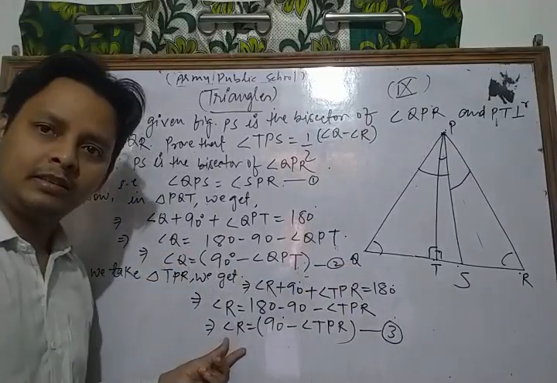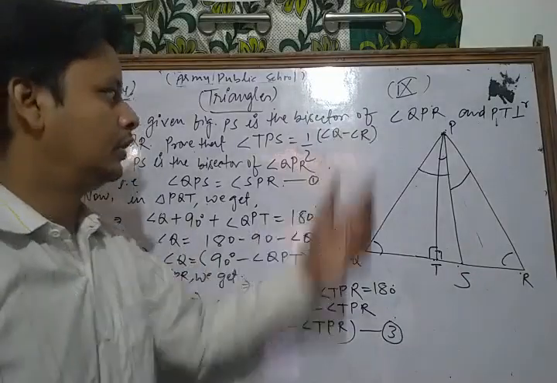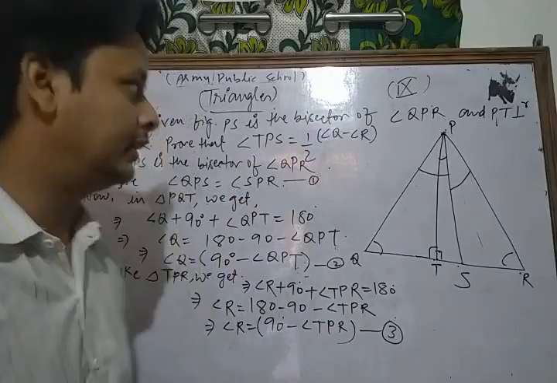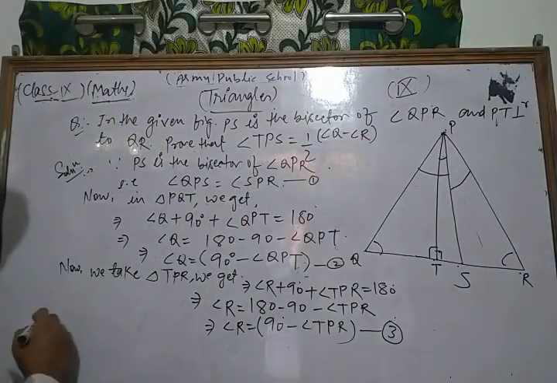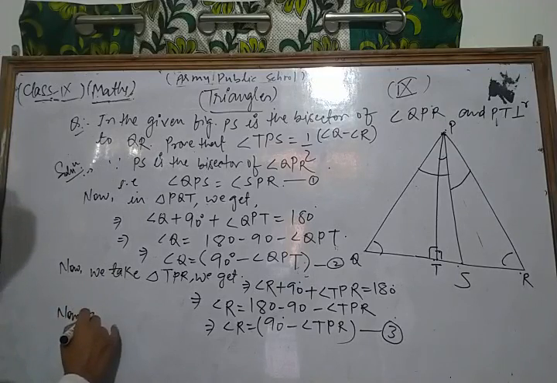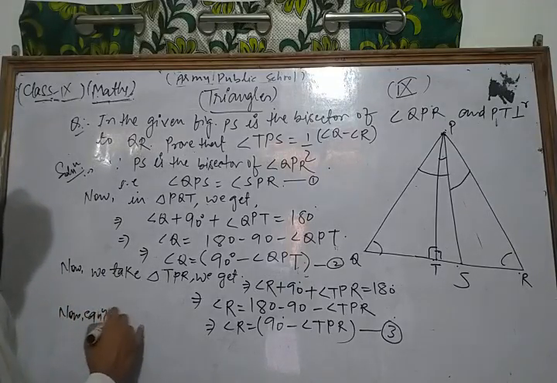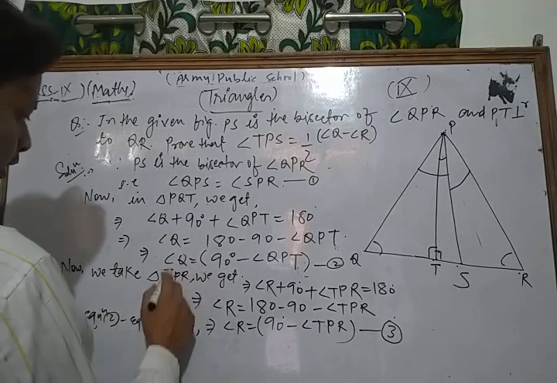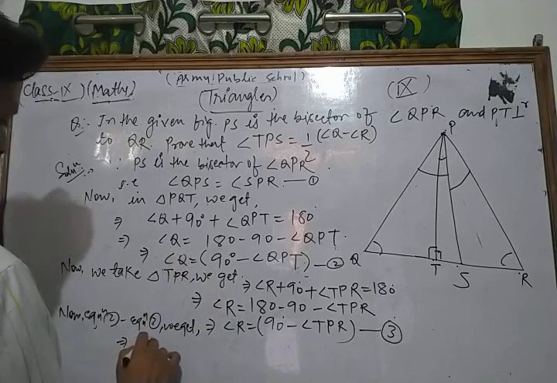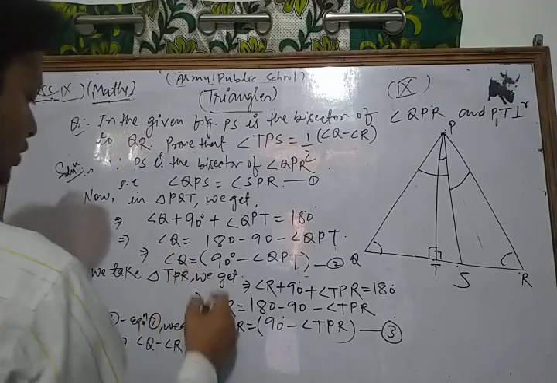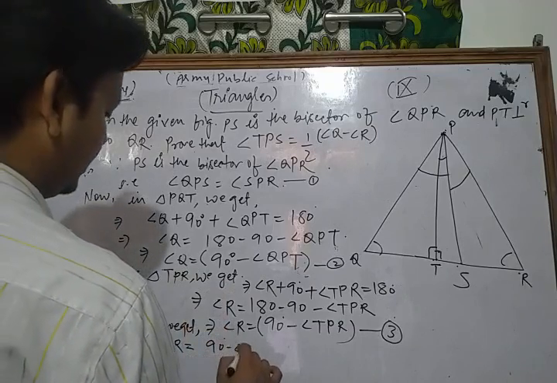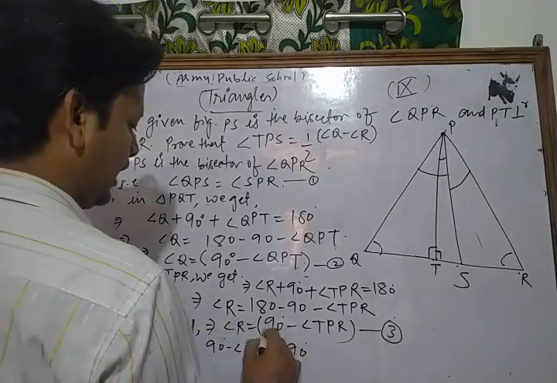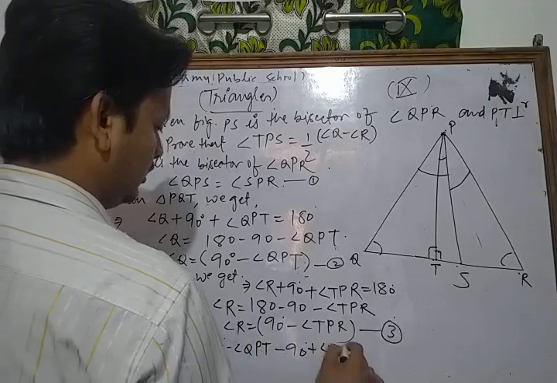Angle Q minus angle R is equal to 90 degrees minus angle QPT minus 90 degrees plus angle TPR.